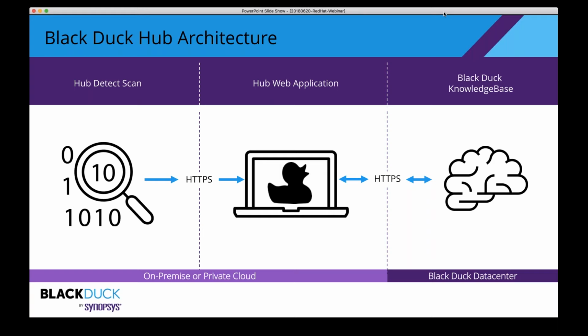Our security researchers are processing and triaging those vulnerabilities, coming up with possible fixes and workarounds, technical data, and pushing that information to the knowledge base within 24 to 48 hours. Every hour is a batch update. We don't store any customer data in the knowledge base. It's really just a lookup type of event that occurs when a scan is run.